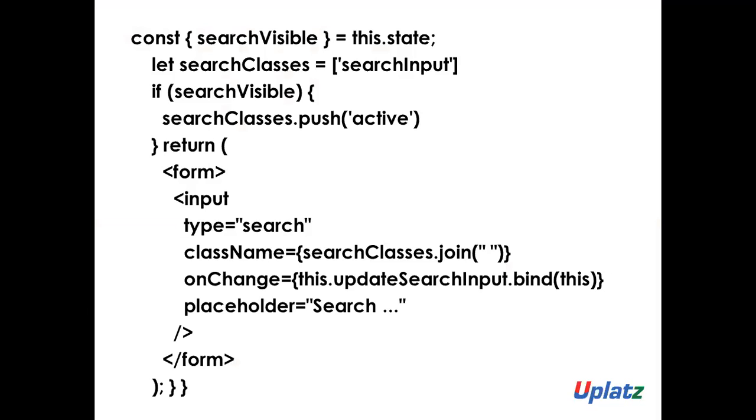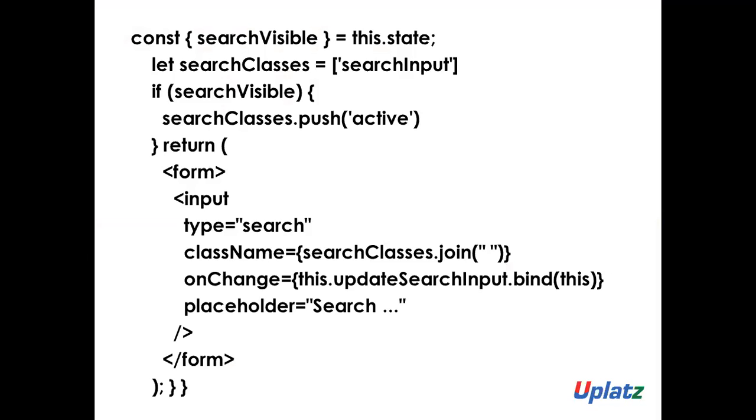So in render, if searchVisible, I'm just making that set state, and searchClass, if searchVisible, I'm just pushing that inside the searchClass, and I'm returning the input with searchClass as className, whatever I'm typing in the text field, I'm just joining to that.